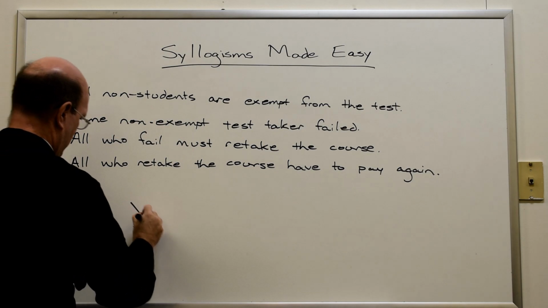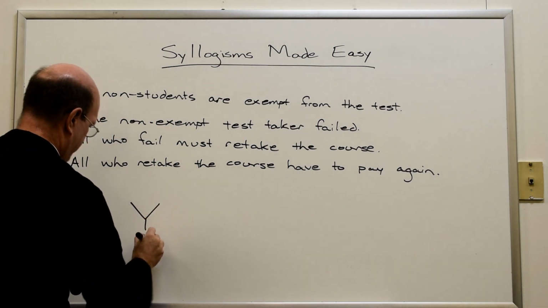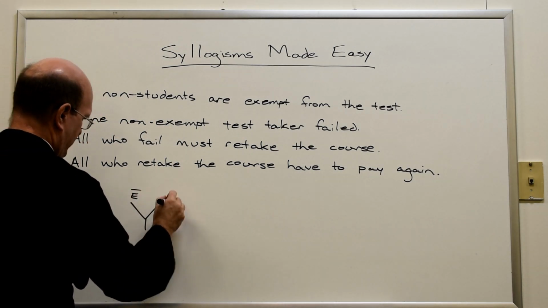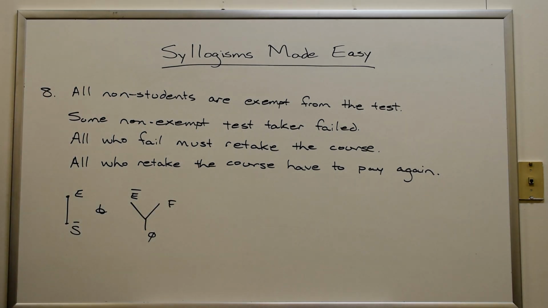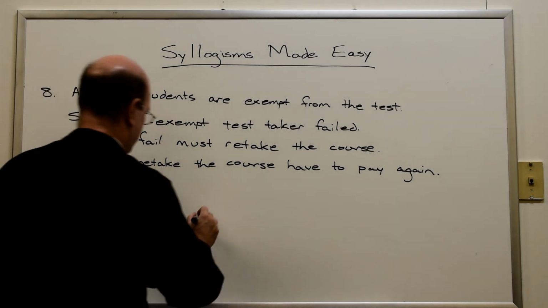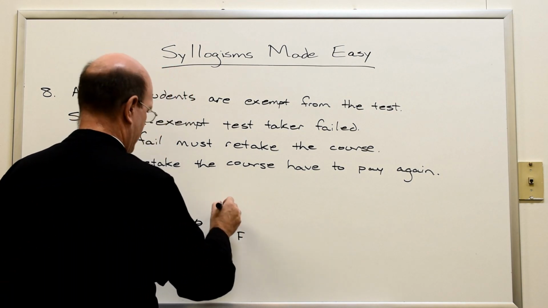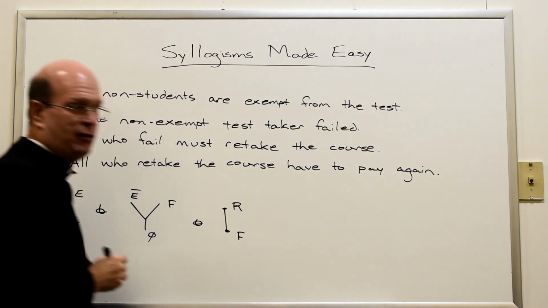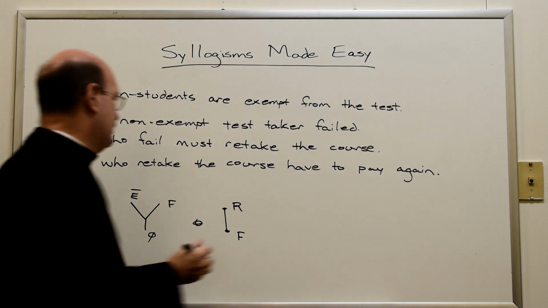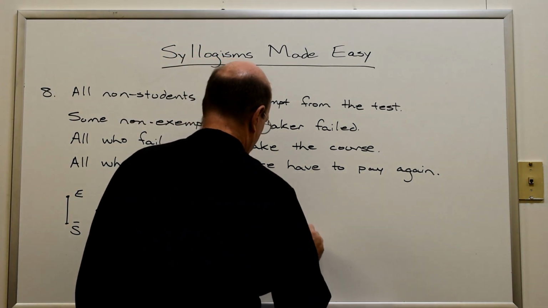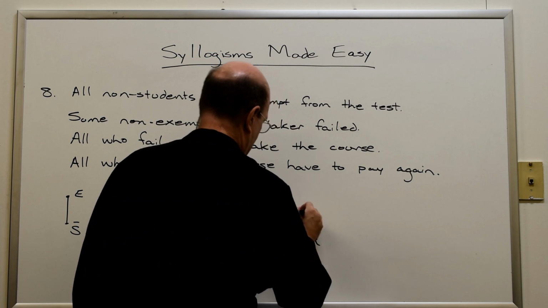So someone who is not exempt did fail the course. Well, all those who fail must retake it. Maybe it's a required course. And finally, those who retake it have to pay again.